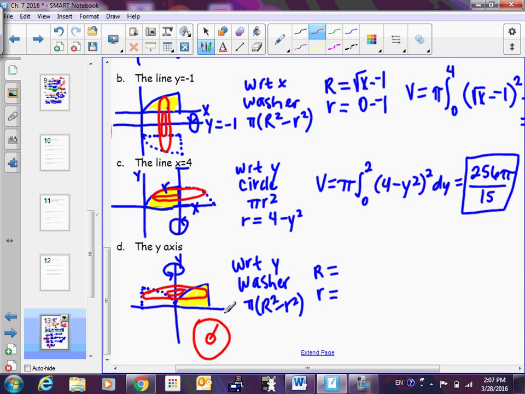big R is going to be from the line of rotation all the way to the outer edge. The outer edge is x equals 4. The inner edge is x equals 0. That's big R. It's all the way from the line of rotation to the outer edge.